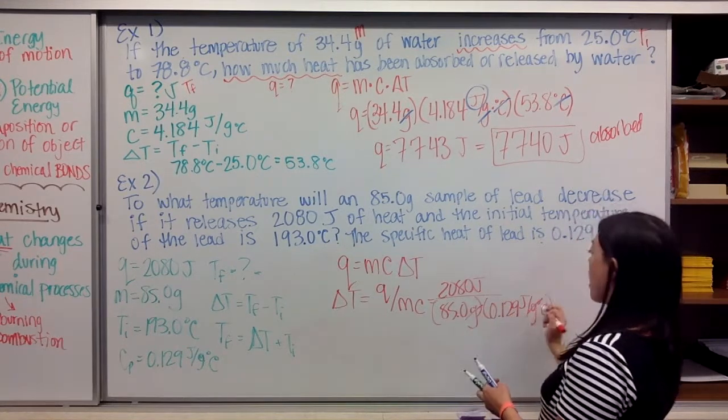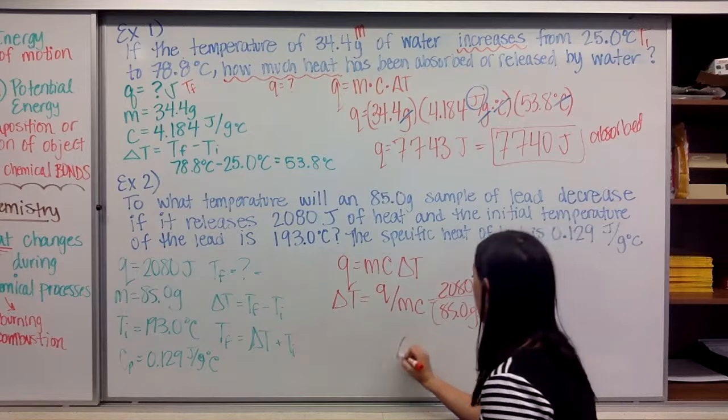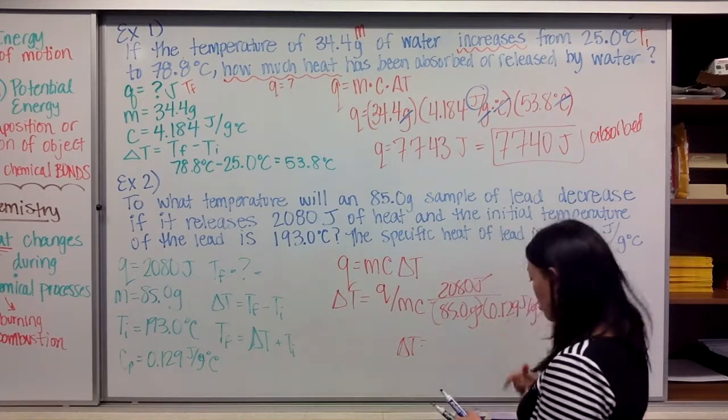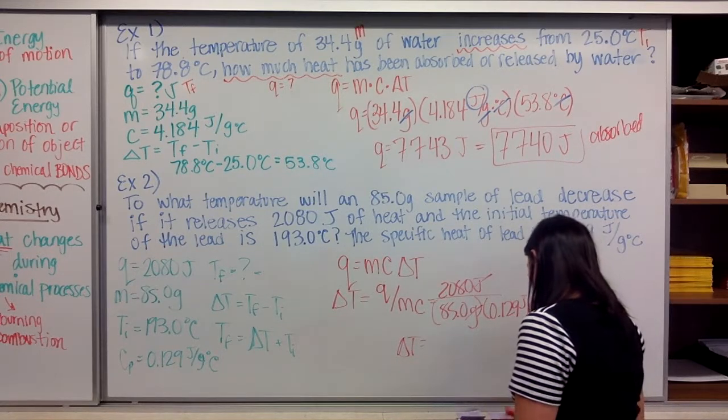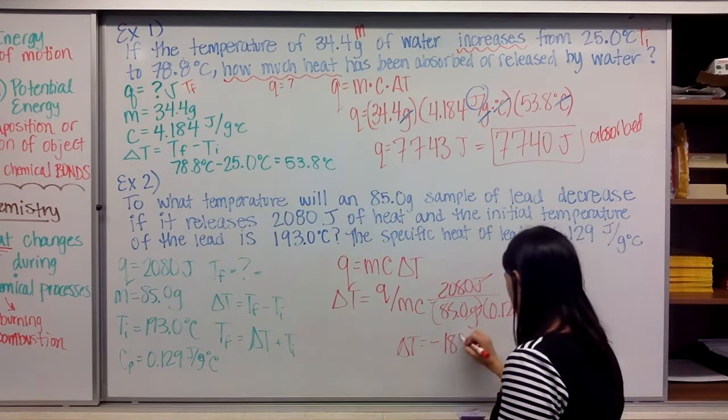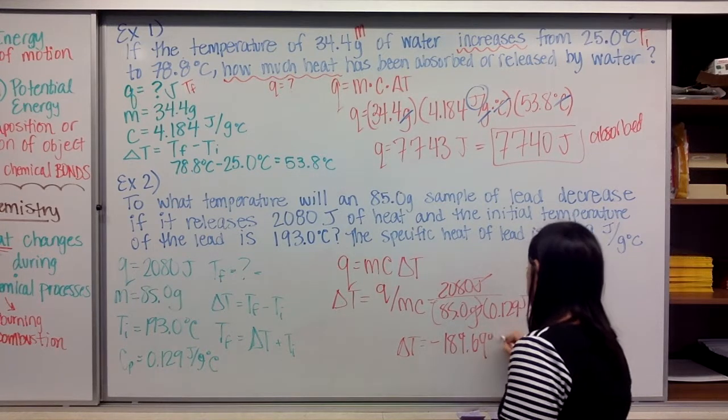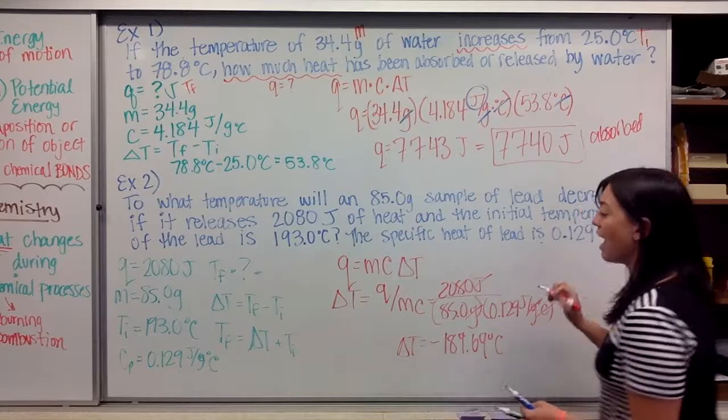Okay, grams cancel out, joules cancel out, and I get delta T equal to negative 189.69 degrees Celsius. I'm going to round at the end.